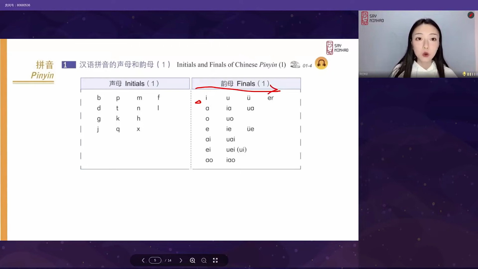E, U, Ü, Er, A, Ya, Wa, Wo, Ye, Yue, I, Y, A, Wei, Ao, Yao.